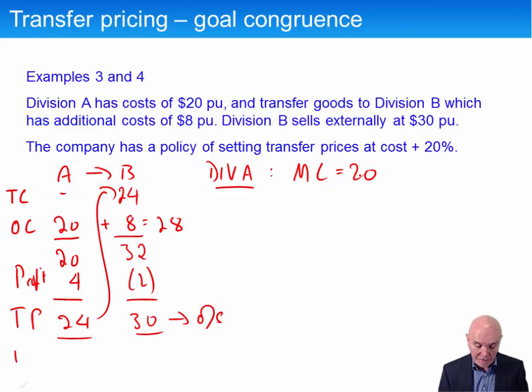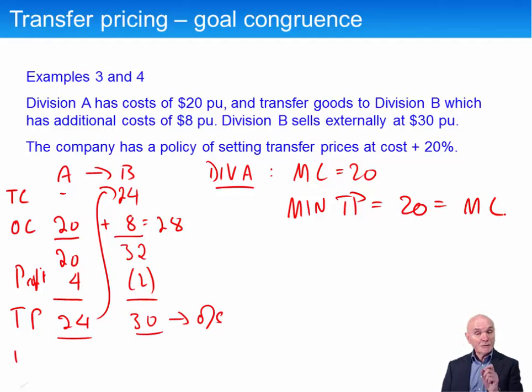Okay, so the minimum transfer price is going to be 20. In other words, equals the marginal cost. At 20, A would make nothing, but at least it's not making a loss. And A, the transferring division, is the one which is going to determine the minimum transfer price that's going to operate. So that's the minimum.